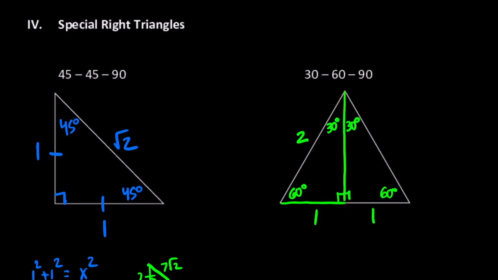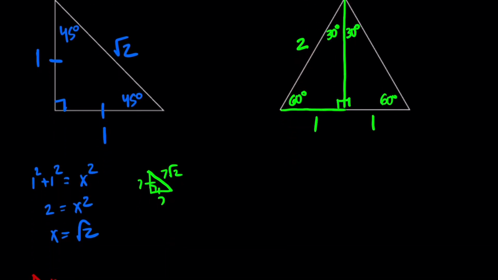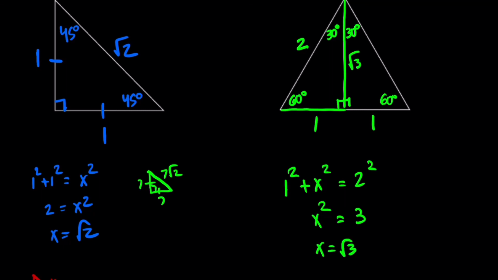Okay, well, this is a leg, this is a leg, that's my hypotenuse, so let's use Pythagorean Theorem on that. 1 squared plus x squared equals 2 squared. Subtract 1 from both sides, x squared equals 3, square root it, x equals square root 3. So this side here is square root 3.